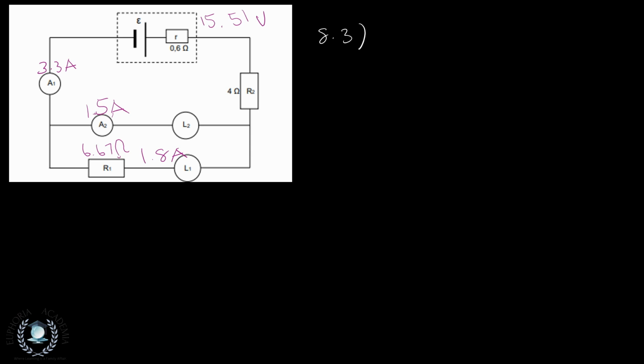So essentially what has happened is now we don't have a parallel circuit. This guy has burned out, so now our circuit is just a series circuit flowing from the battery through this resistor, through L2, and then back to our battery again.